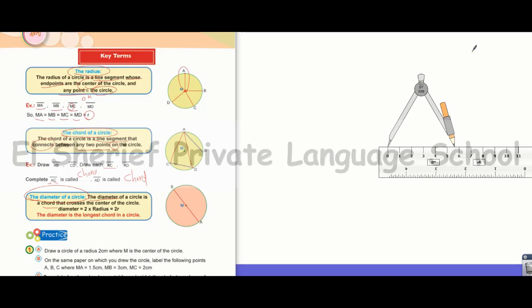So if we draw a chord between any 2 points on the circle and it crosses the center, like line segment CD, then line segment CD is a chord because it joins 2 points on the circle, and line segment CD crosses the center.